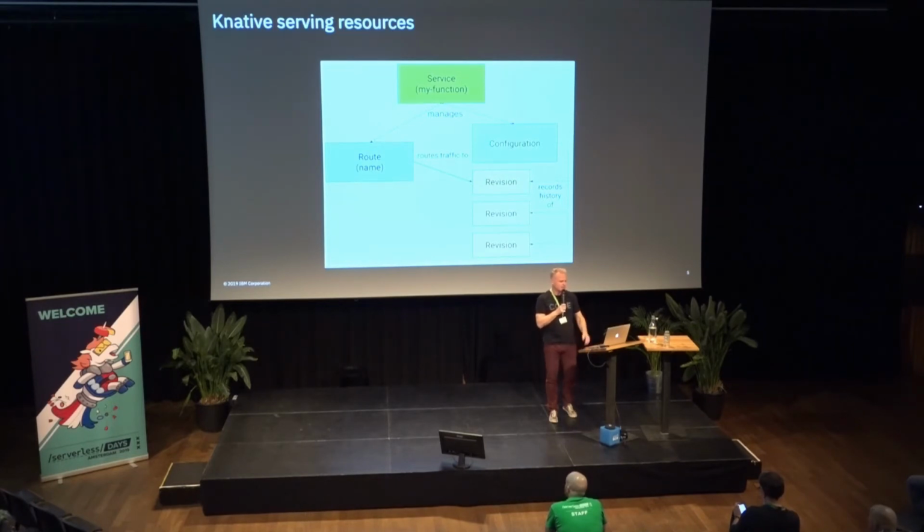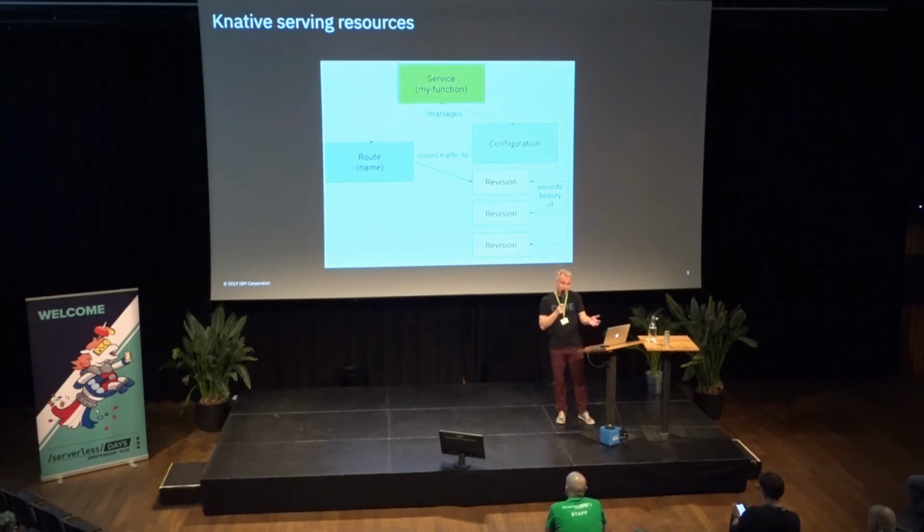The route resource maps a network endpoint to one or more revisions, and you can manage the traffic in several ways, including fractional traffic and named routes, A/B testing, and so on.